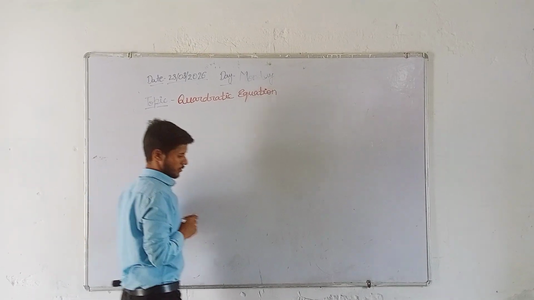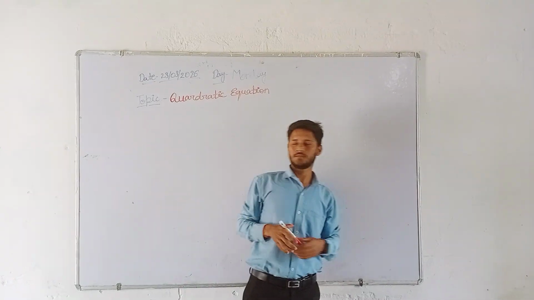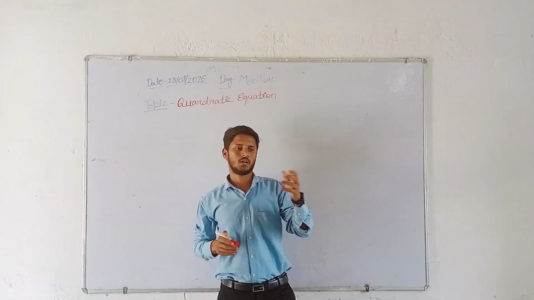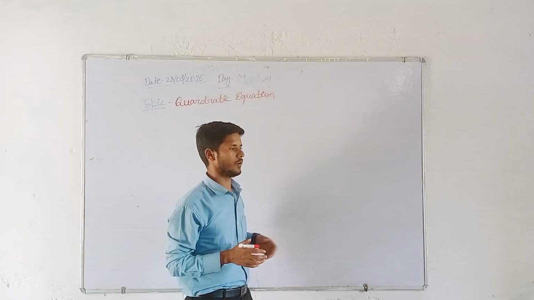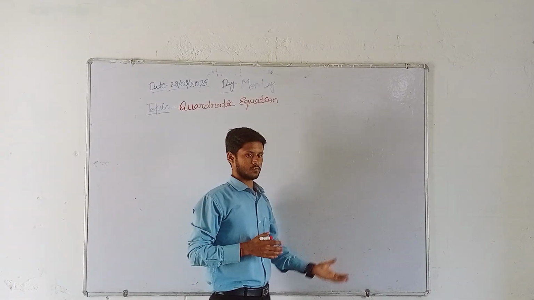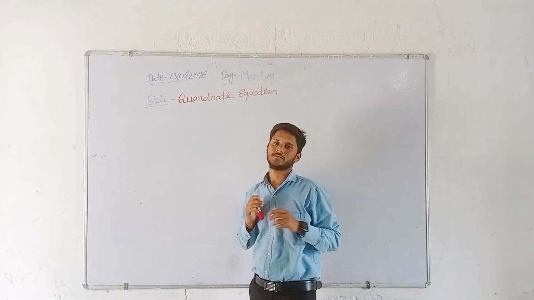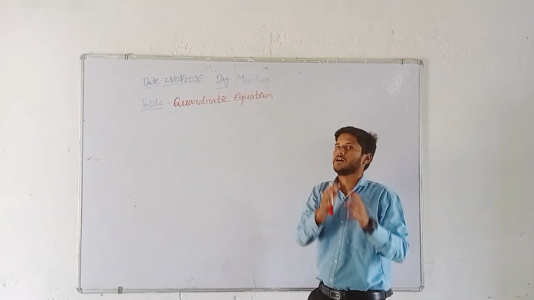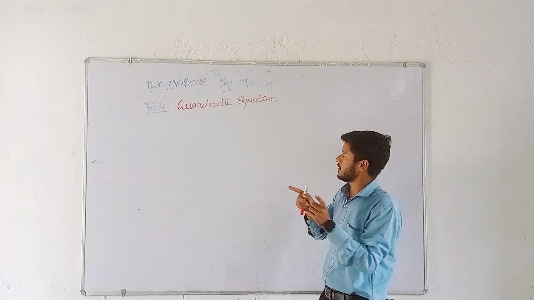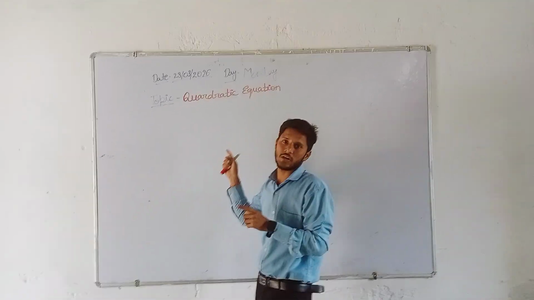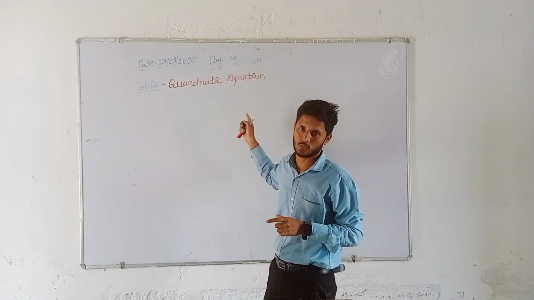As you already know, in our daily life we throw a ball. For example, we throw a ball, it goes up and down, then it makes a curve. And that curve technically can be defined by a quadratic equation.